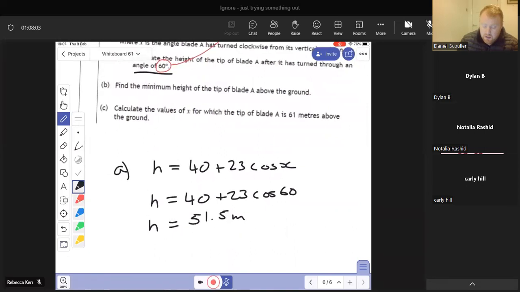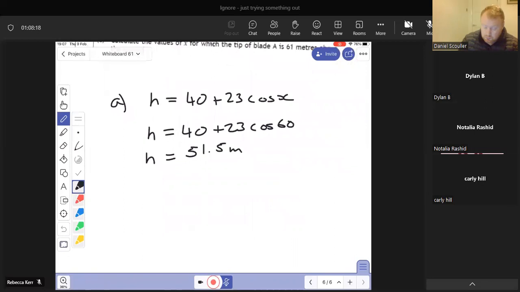Part B is find the minimum height of the tip of the blade above the ground. Now we just looked at minimums. So when it asks for a minimum, instead of writing cos x, we can write -1. So we've got h equals 40 plus 23 cos x.